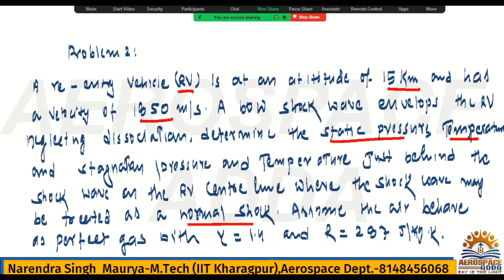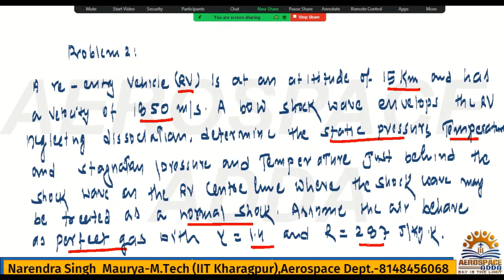First I will show you what the bow shock is, and that the bow shock on the center line of the RV will be treated as a normal shock. They have said the air behaves as a perfect gas with no dissociation, so it will be treated as a perfect gas, and the values for air have been given to us.